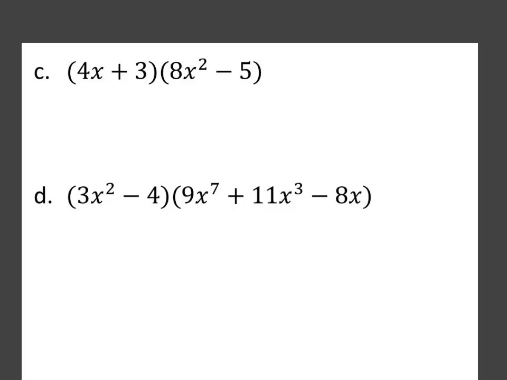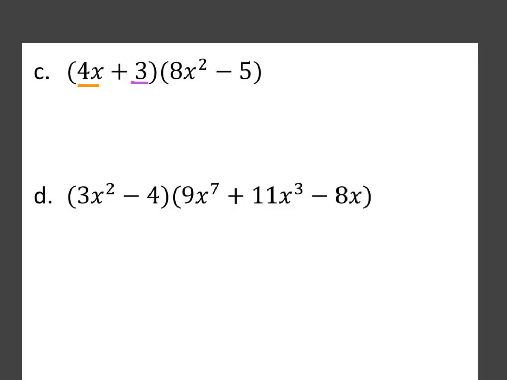Here's a couple more examples. Now in part C, you'll notice that we have 2 sets of parentheses. Now really all we would have to do here is double distribute. I have to take the 4x and distribute it, and I'm going to take the 3 and distribute it.